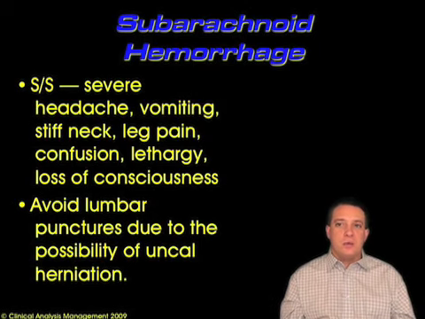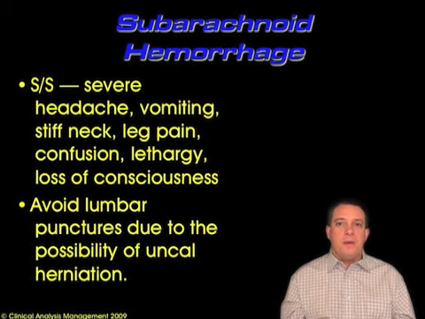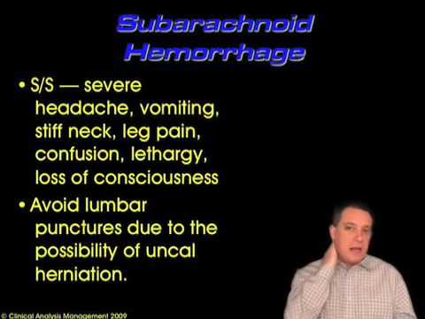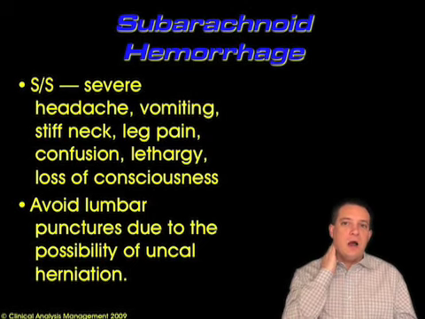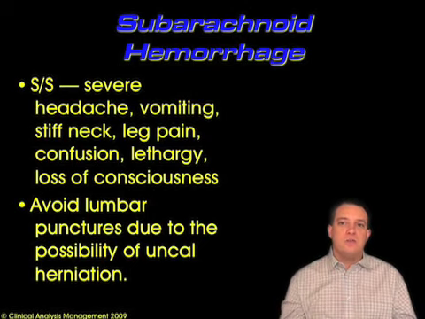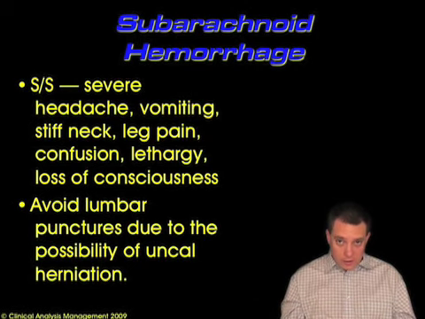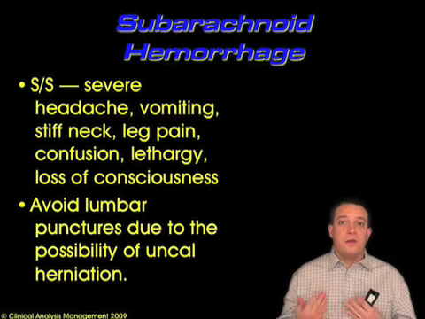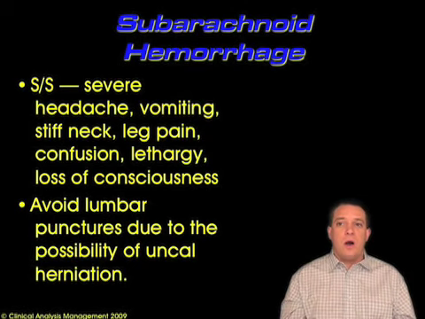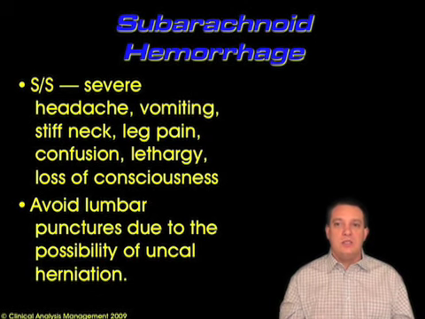So again, with subarachnoid hemorrhages, the patient may complain of neck pain. They may complain of neurological symptoms that are complicated by the fact that when they tilt their head down it hurts more, or when they draw their legs up it hurts more. So oftentimes subarachnoid bleeds are misdiagnosed as meningitis.